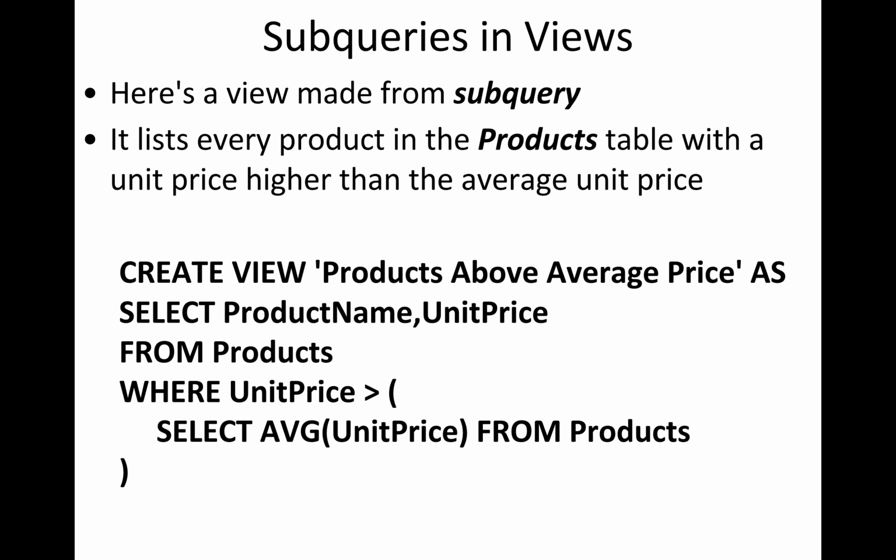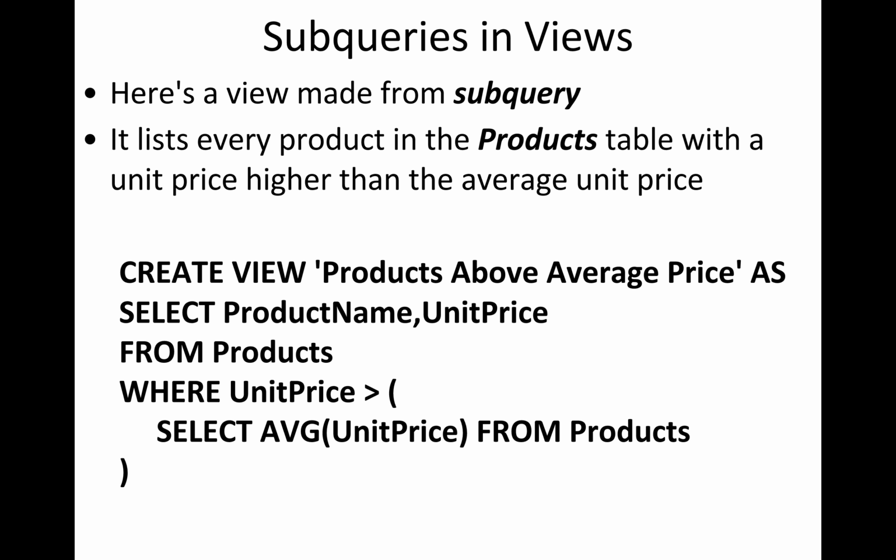We're taking it as an entire set, one single big group, and over that we're aggregating the average unit price. This returns a single value, which we are then using in a predicate: unit price is greater than that aggregate value.